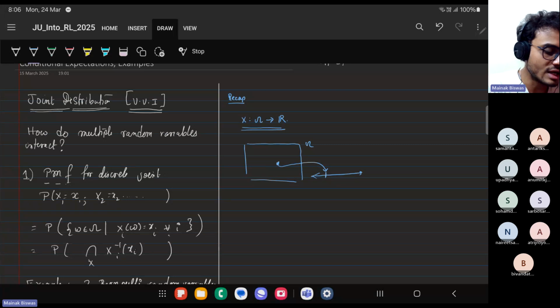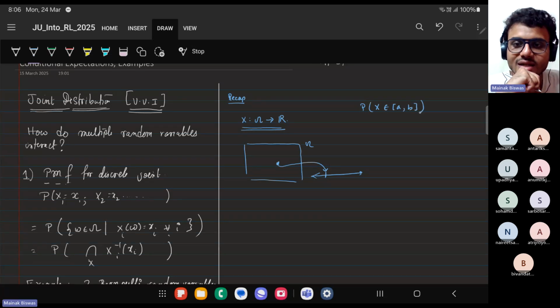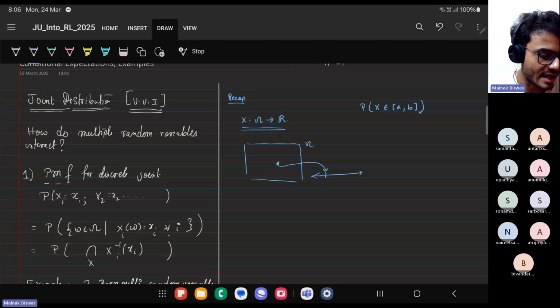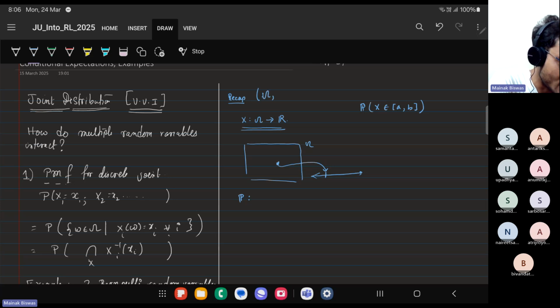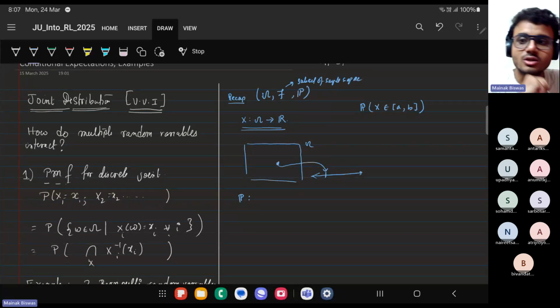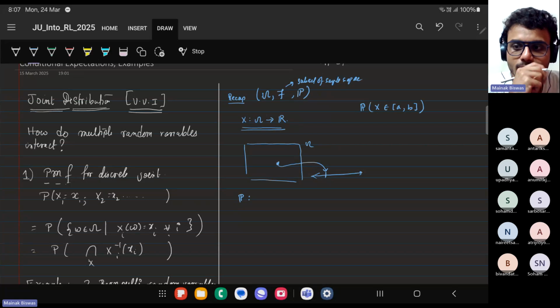So now what did we see? We saw that if X belongs to a set of values A to B, what does it actually mean? The probability function, first of all, is defined on what? Recall, we had the sample space, the event space, which had subsets of the sample space, and the probability function.